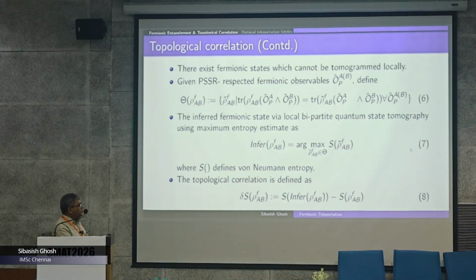Now you take the von Neumann entropy of this rho tilde f, take the maximum of this von Neumann entropy and choose that rho tilde f for which you get this maximum, which we will call infer of rho f. Now you take the difference, S of infer rho f minus S of rho f, and that is what is called the topological correlation. You can look at the earlier example and see that the topological correlation will be basically 1.